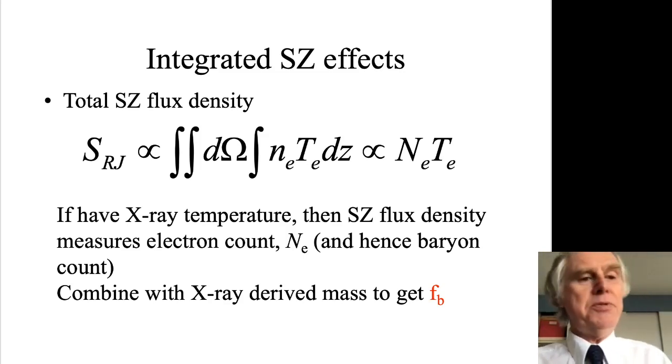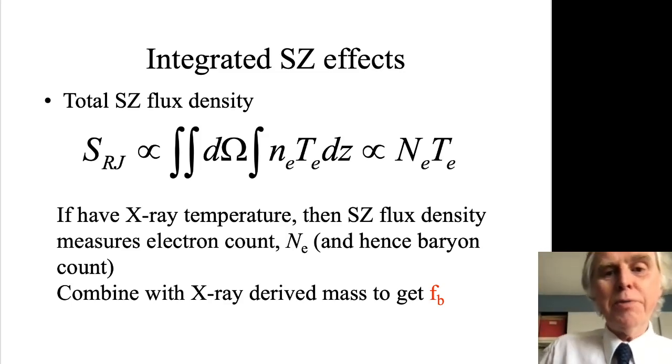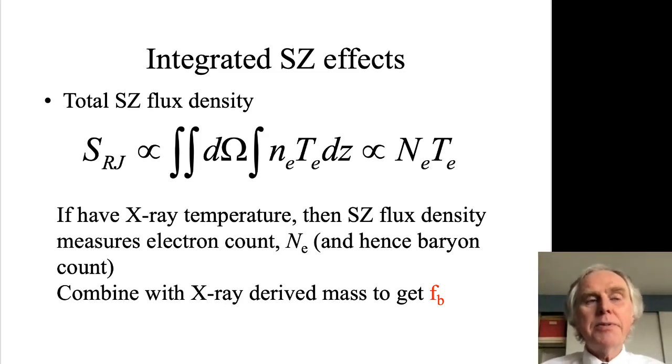And if a cluster is a fair sample of the universe around it, then the fraction of the mass of a cluster that is in baryons ought to tell you something about the fraction of what's in the universe around it that's in baryons. And we'd expect to see this number being more or less constant over all redshifts, unless there are processes that preferentially cause baryons to drop into clusters or to be expelled from clusters.